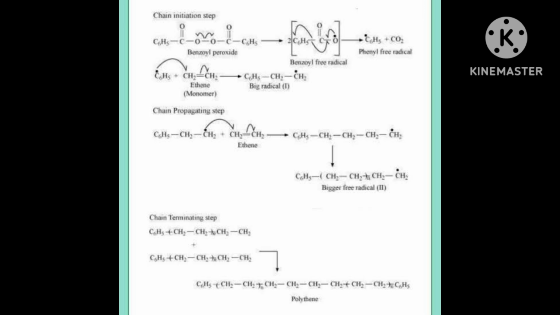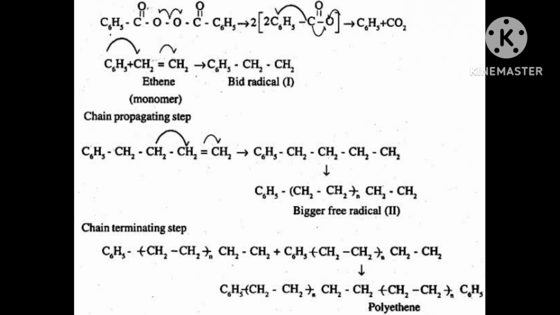Now the third step is the chain terminating step, because you have to stop this chain. For that purpose, what will happen here? For termination of the long chain, these free radicals can combine in different ways to form polythene.